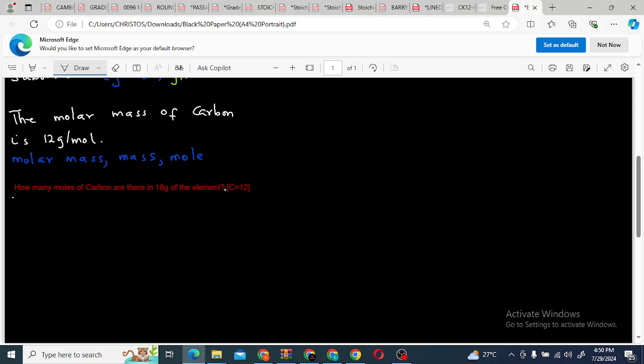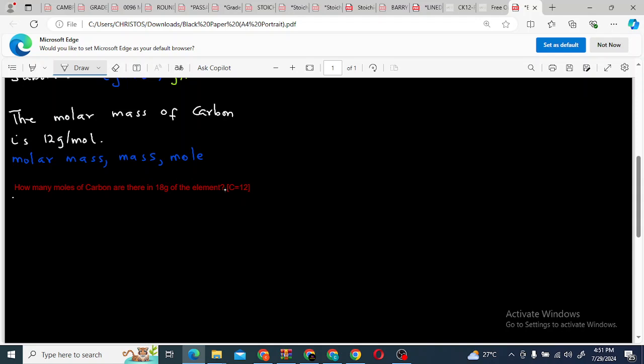Okay, so I want to find the number of moles of carbon that are there in 18 grams of the same carbon element. So let's say I walk to the lab, I took a scoop of carbon powder in a container somewhere, and then I put it on my top pan balance.